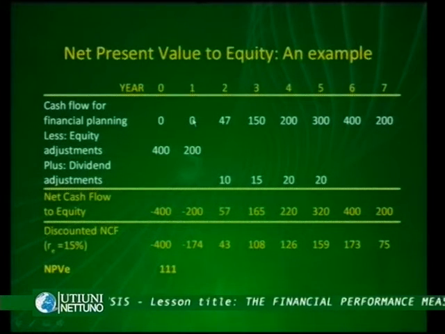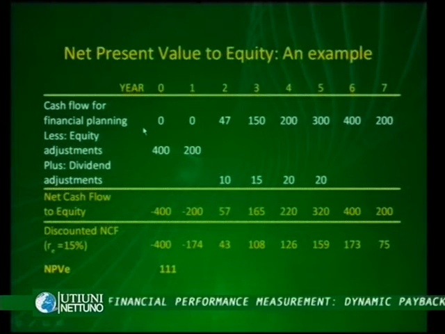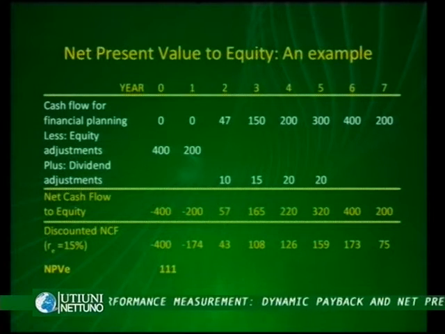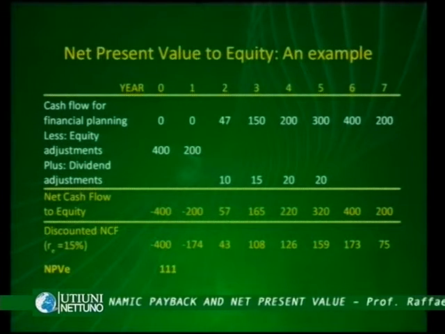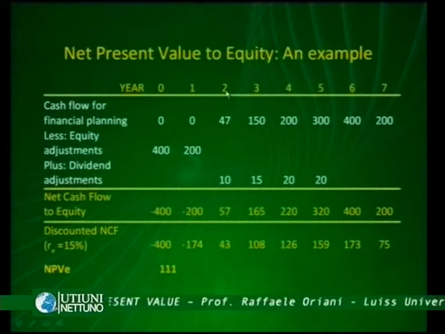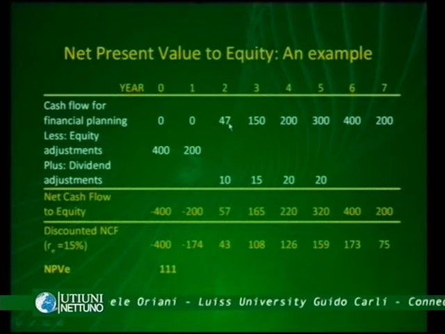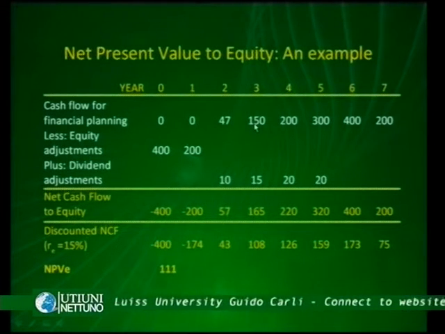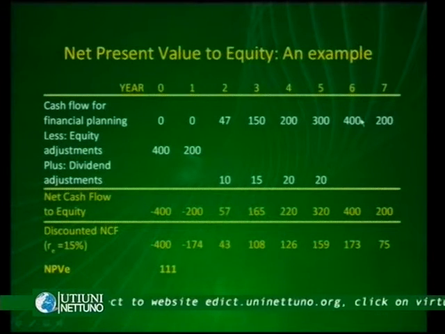This means that there is some kind of initial investment in the project in year 0 and 1 that is covered by new equity investment and new external finance in the form of loans and short-term borrowings. Starting from year 2, we have positive cash flows for financial planning that in particular equal 47 in year 2, 150 in year 3, 200 in year 4, 300 in year 5, 400 in year 6, and 200 in year 7.